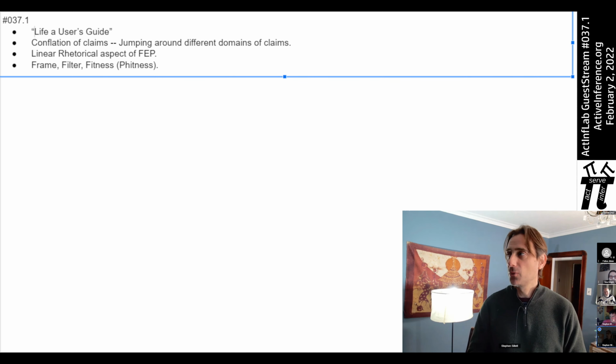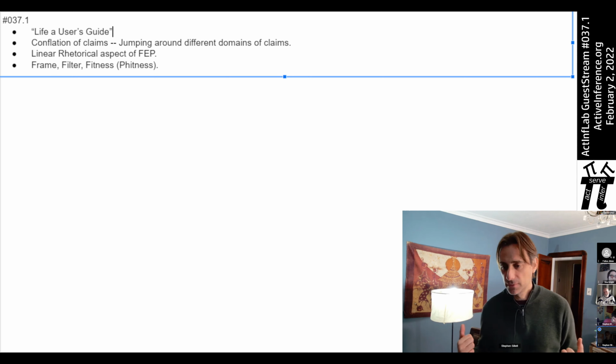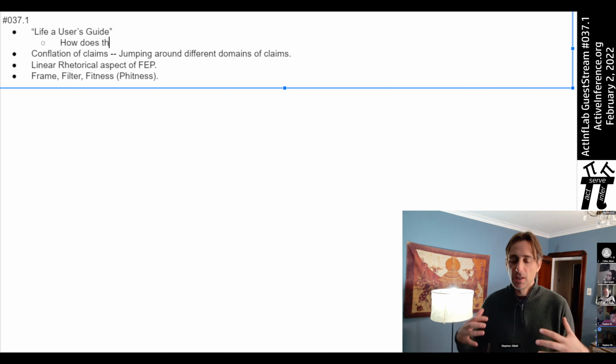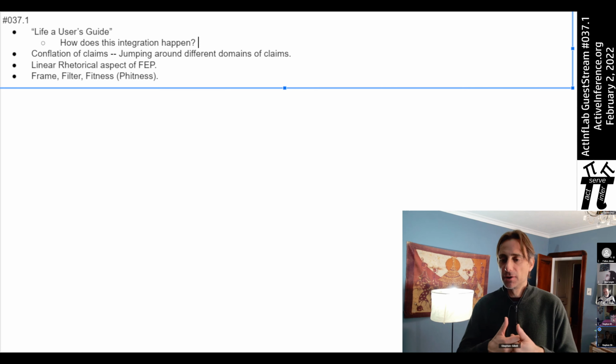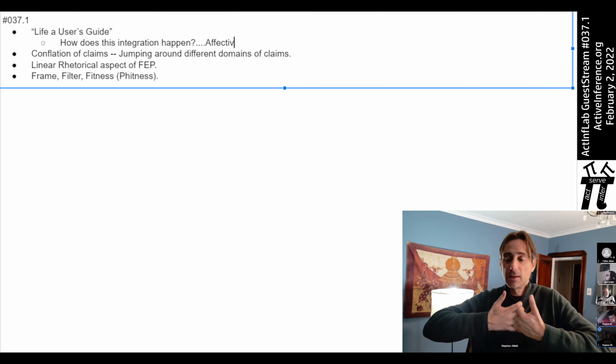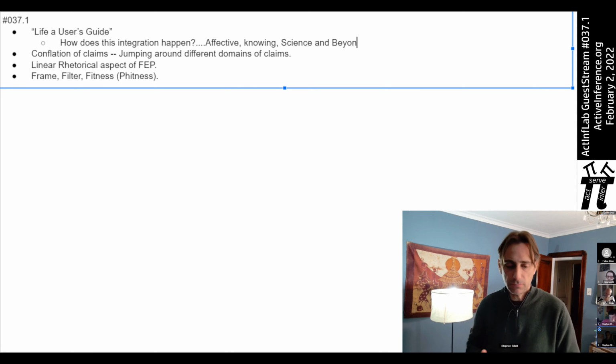I'm wondering where you see that integration happening at a non-perspectival level, the intuition, the affective consciousness that is part of our knowing, and how that relates to this. And maybe if it's even something that's not part of science, but is part of this kind of work.